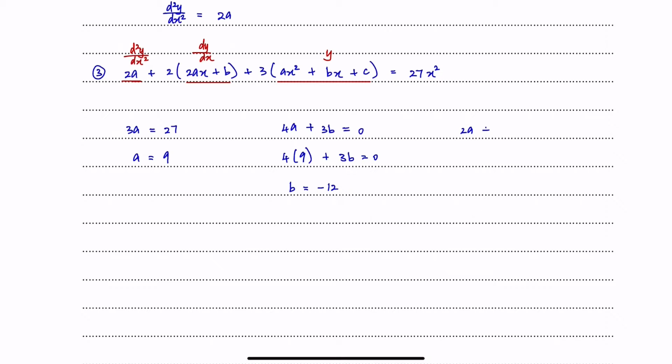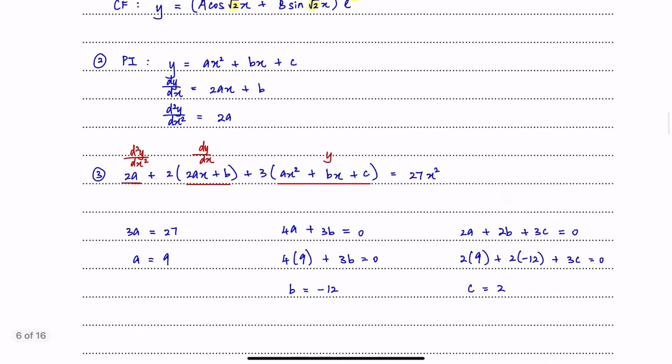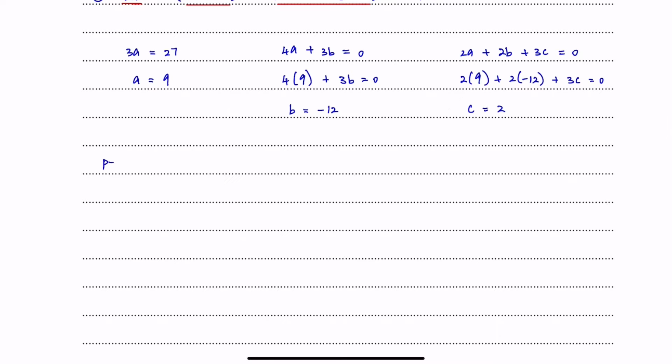So 2a plus 2b plus 3c equals 0. So again, a is 9, b is negative 12, and we get c equals 2. So now we can write the particular integral as y equals 9x squared minus 12x plus 2.